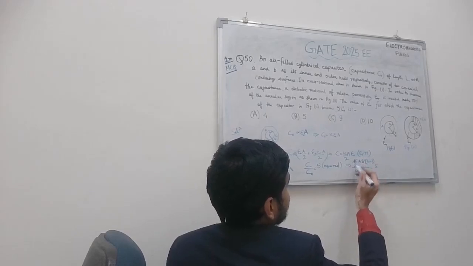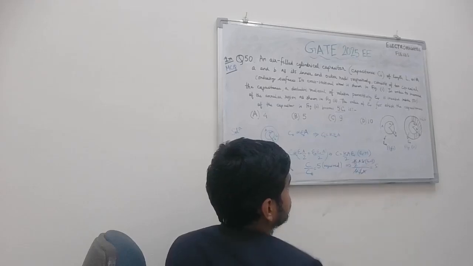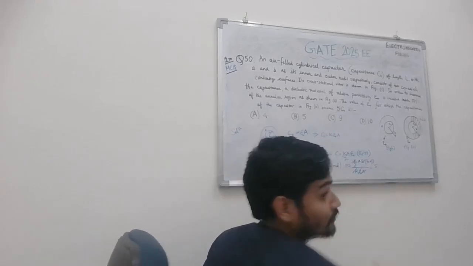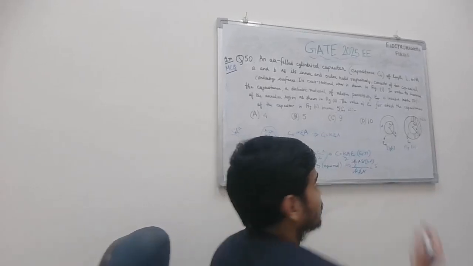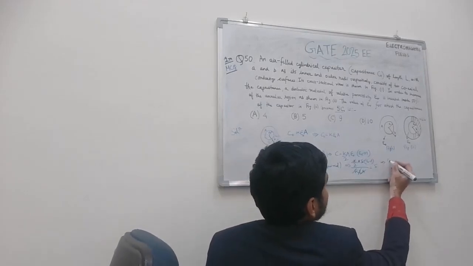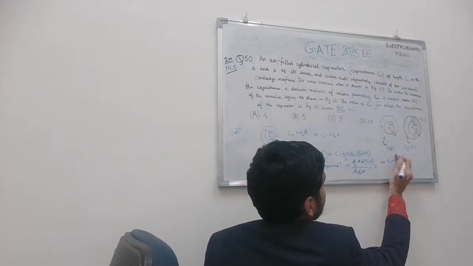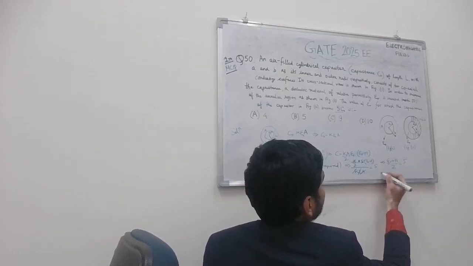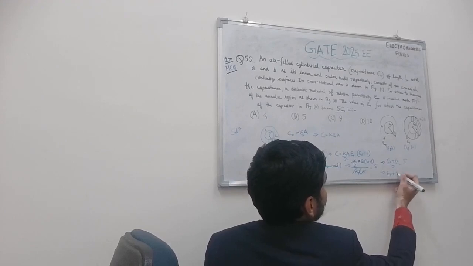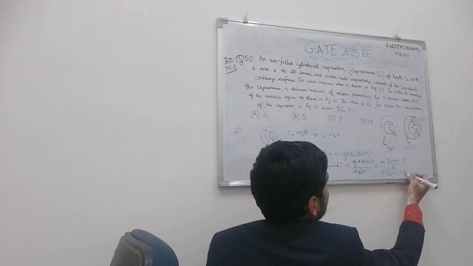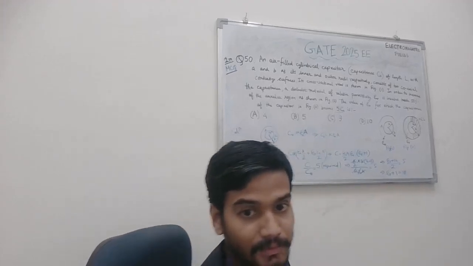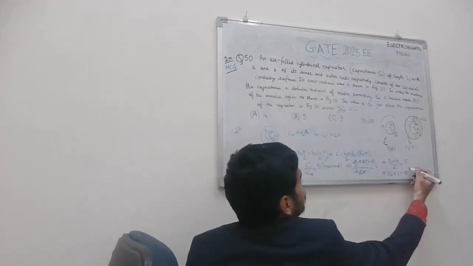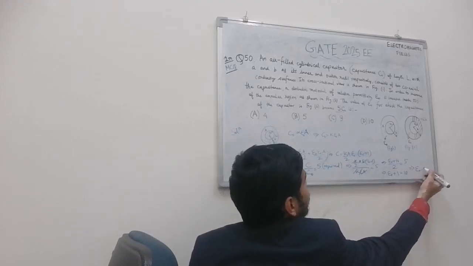Epsilon naught cancels, K cancels, A cancels. So what are you left with? 1 plus epsilon r by 2 equal to 5. So 1 plus epsilon r equal to 10. Okay? We are left with epsilon r equal to 9.